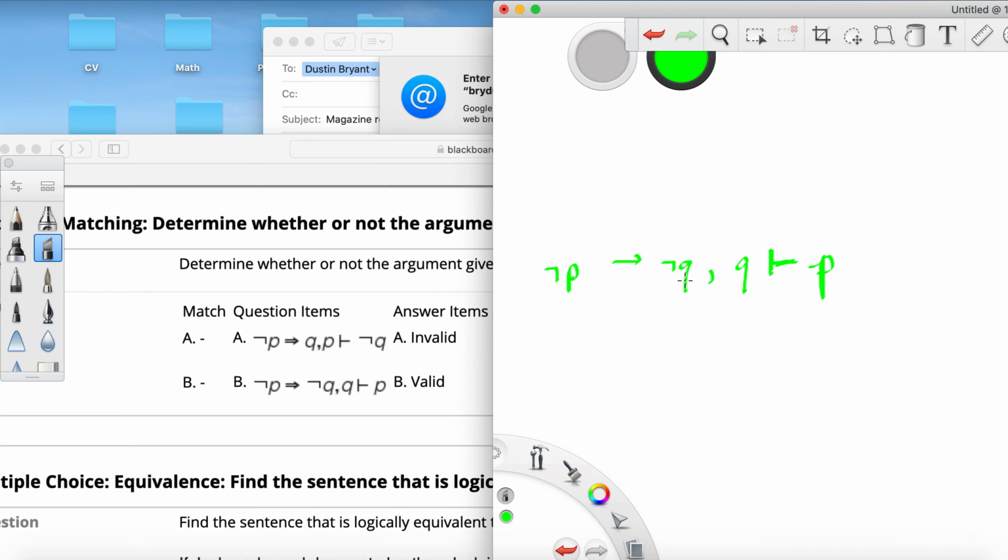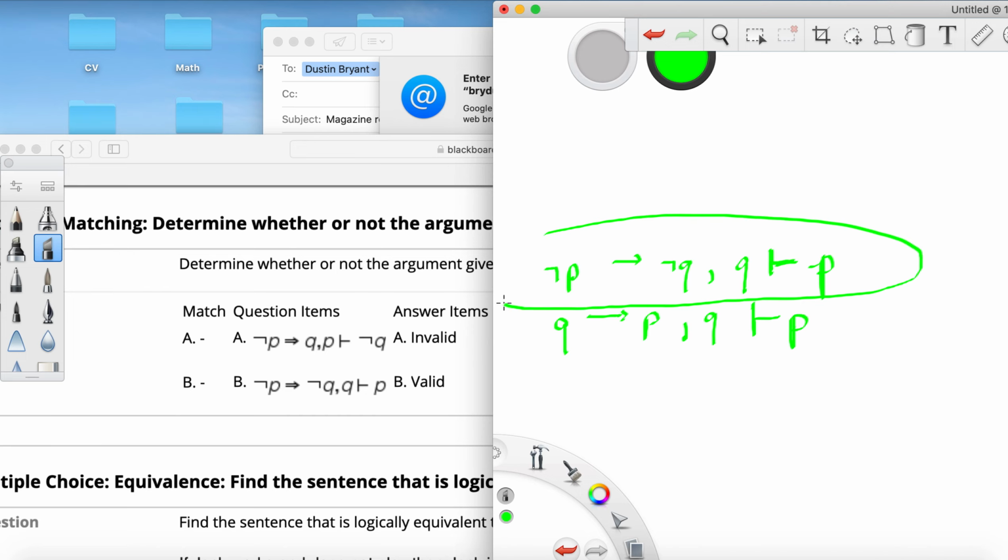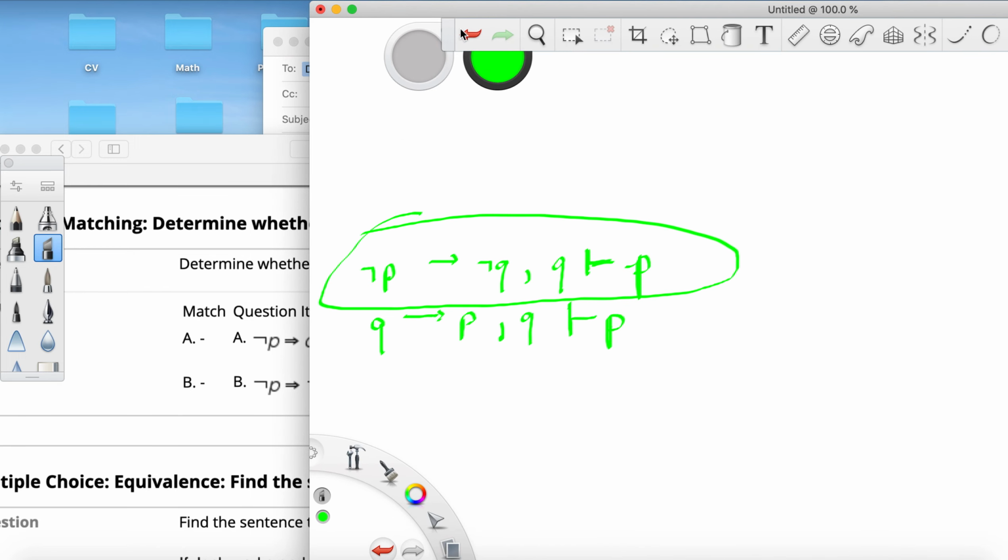When you're building an argument, you can take any of the premises and transform them into logically equivalent things. So this is just Q implies P, and then you have Q, and by modus ponens, you arrive at P. There is also a name just for this inference. I don't quite remember if I taught you that. The book goes into it, but this approach I gave here is also good.